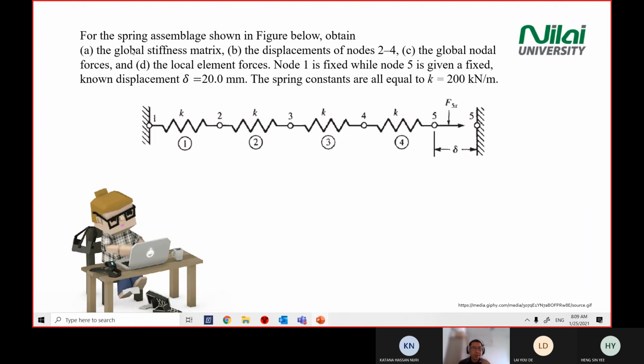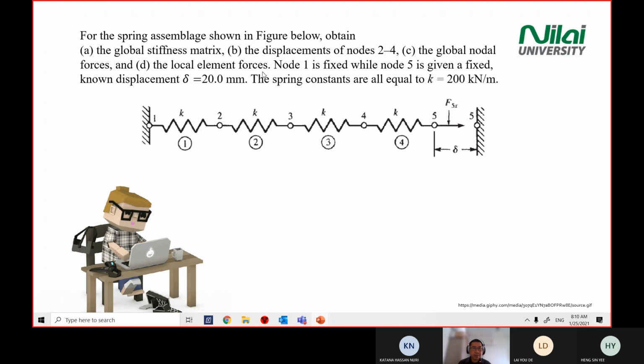The word global means that you need to find the capital K, global, and the displacement of nodes 2 to 4, meaning the displacement at point number 2, 3, 4. And then we need to find the global nodal forces, the capital F.